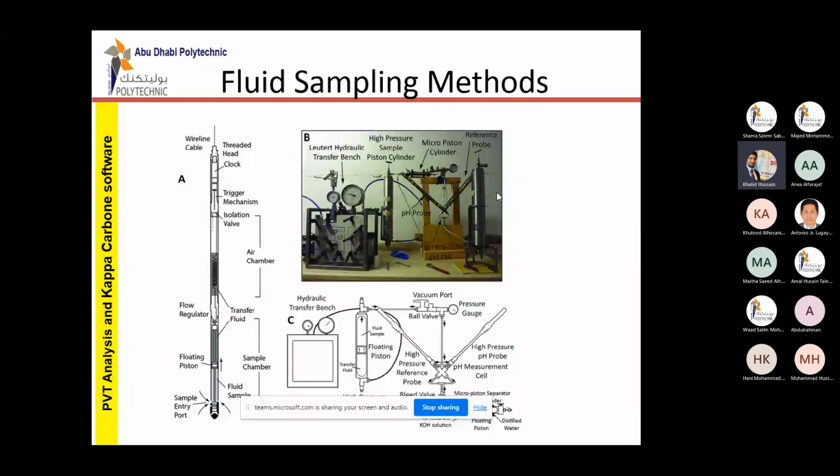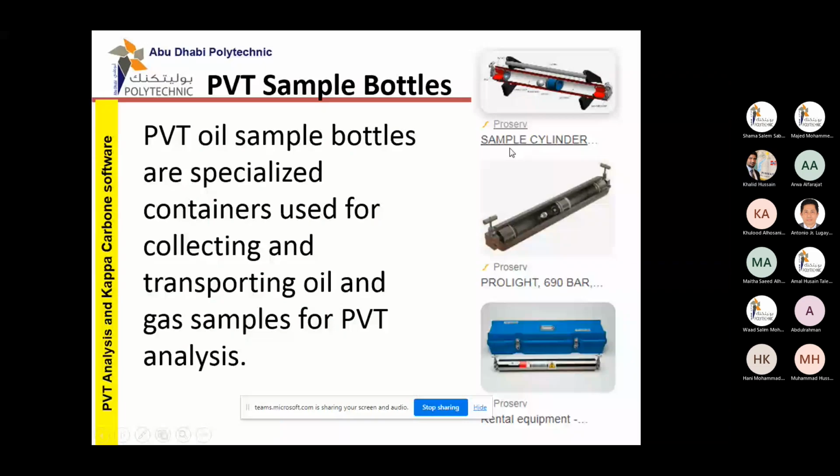So the first job that we do is to remove the sample from the collector chamber to the lab bottle. The lab bottle, we call it a PVT bottle. Some companies call it a cylinder, some companies call it a bottle. So here you can see it's written ProServe.